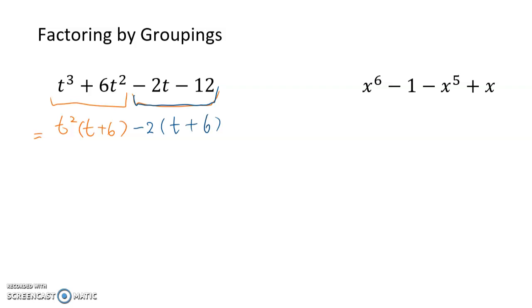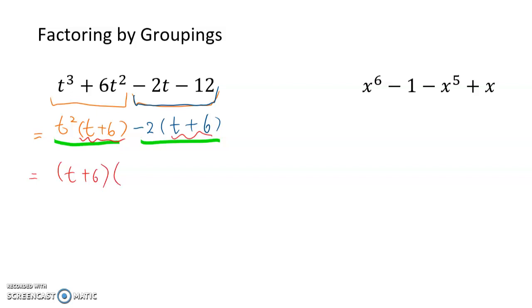Now you can see we have 2 big terms here: first big term, second big term. What they have in common is this t plus 6, so that will be the GCF between these 2 big terms. I'm going to factor out the t plus 6.